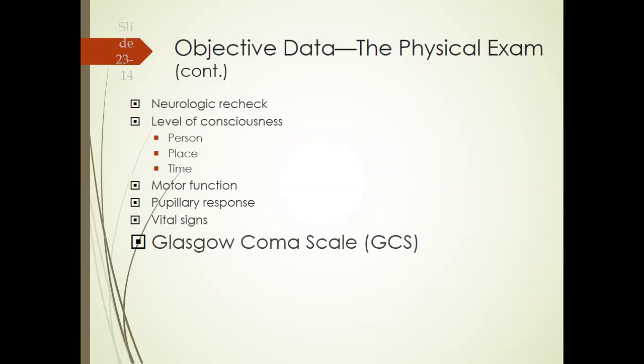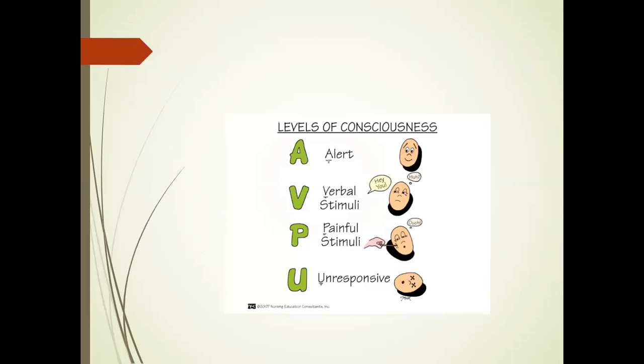Now, neurological recheck, and we can also check the level of consciousness like person, place, and time. Now, motor function and pupillary response and vital signs and Glasgow Coma Scale.